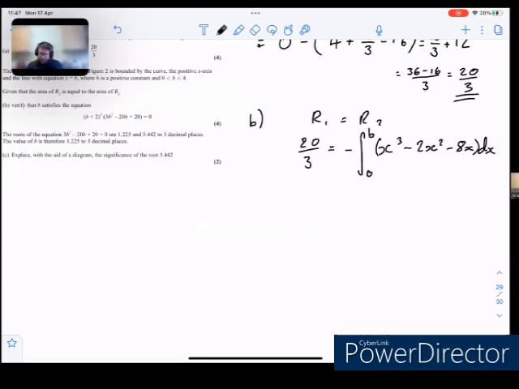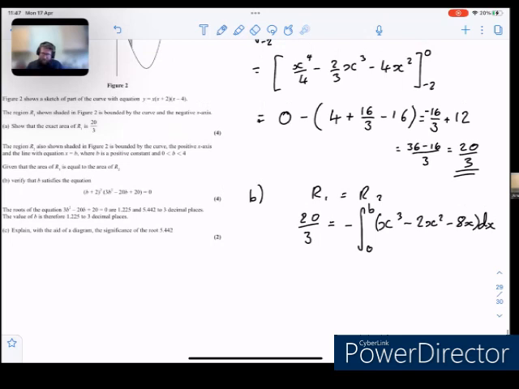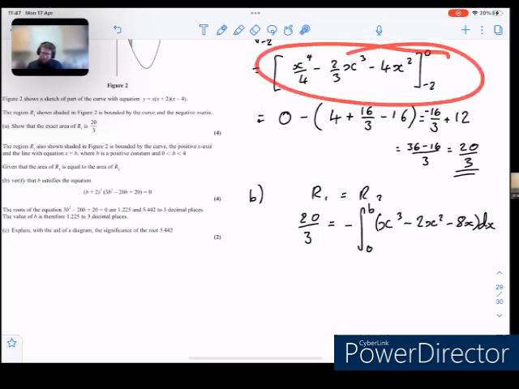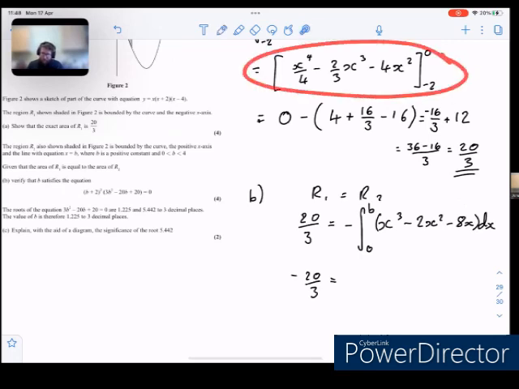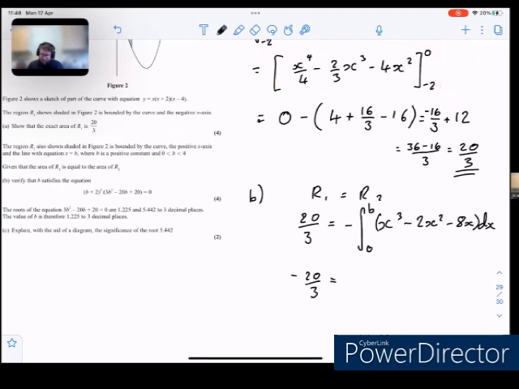Now, to solve this, it's relatively straightforward because we've already done most of the work. This is what we get when we integrate the right-hand side. So that means minus 20 over 3 will equal this, but with the limits now being 0 and b. So we sub b in there. We get b to the 4 over 4 minus 2/3 b cubed minus 4 times b squared.